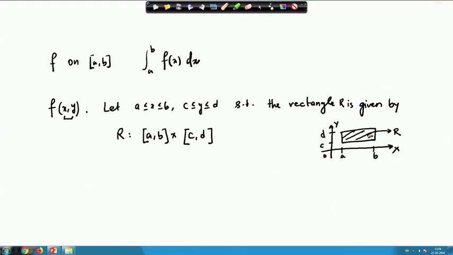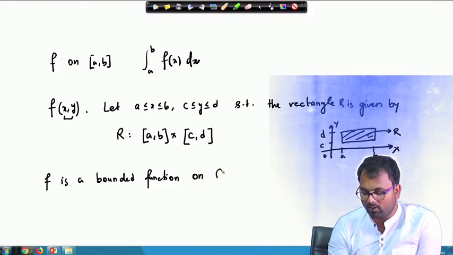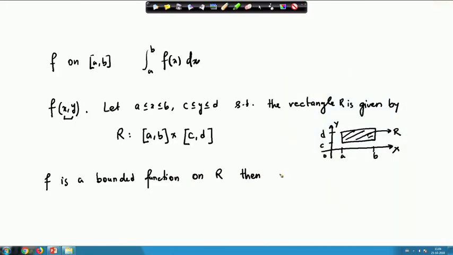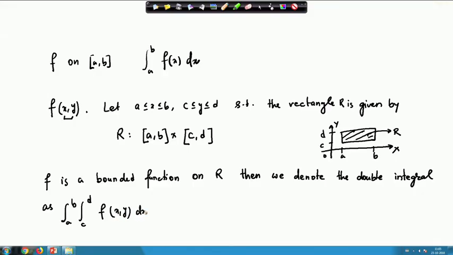We say that if f is a bounded function on R, then we denote the double integral as the integral from a to b, c to d of f(x, y) dx dy.